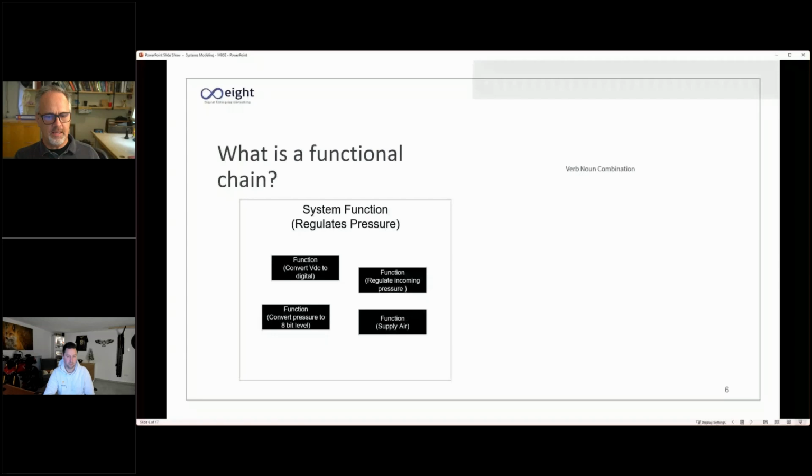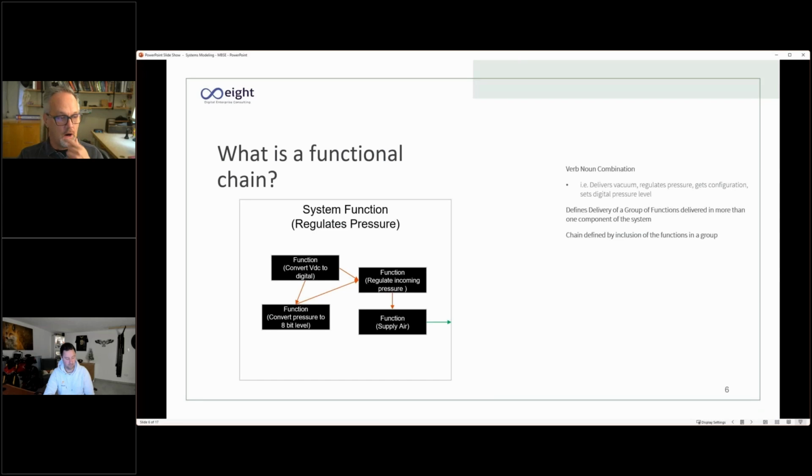When we chain together functions in different components of the system, those chains are what we're going to identify as a system requirement. So in this case, we're going to regulate pressure as the same function we had before, but there are going to be functions inside of that function that deliver the overall chain. And we can continue to do this.